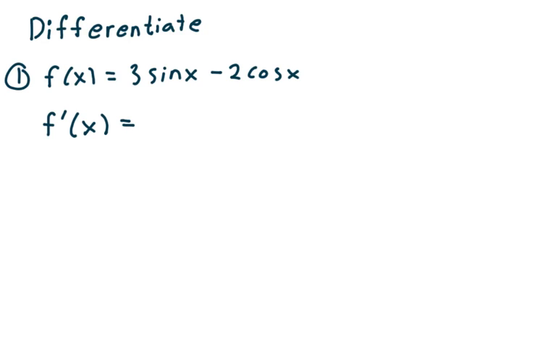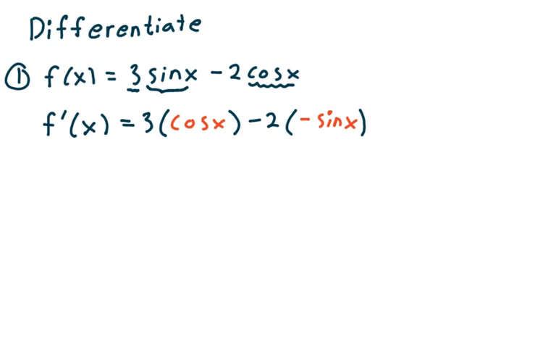That's very important. Now, 3 is constant, so that's going to go along for the ride. And the derivative of sine x with respect to x is equal to cosine x. So this is 3 times cosine x. And then I'm going to subtract 2, and then I'm going to take the derivative of cosine x with respect to x, and that's going to produce negative sine x.